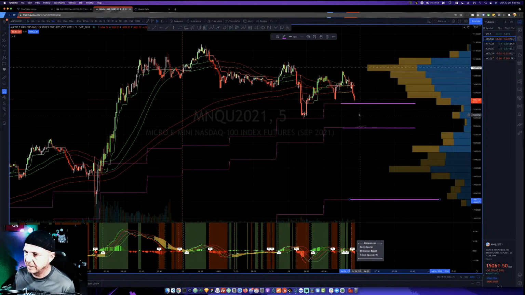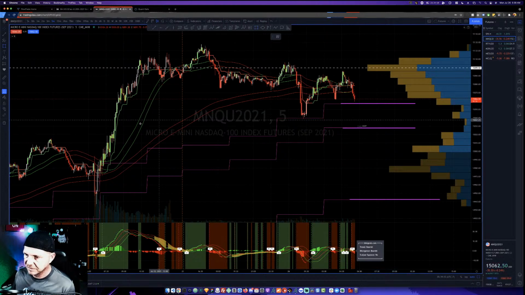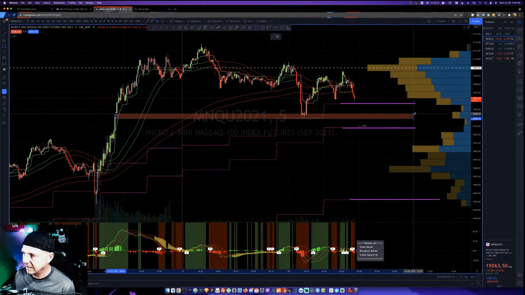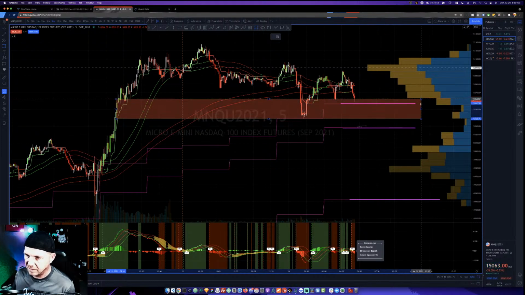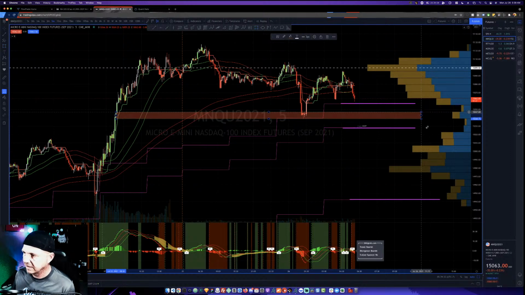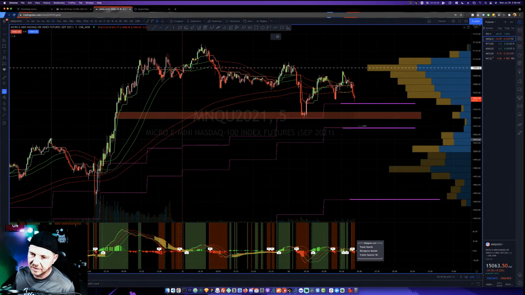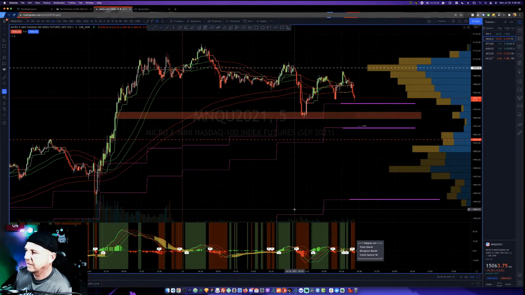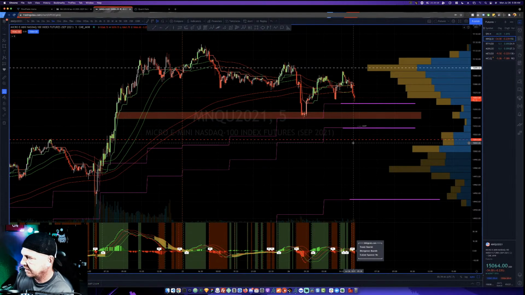If this breaks down, then we come back down and we test this little micro demand zone that was created overnight, which if we go back in time, is probably the only one, right? Break down below that, we've got one final little stop before we come back down and test some of these previous highs, right? Which would be this level there. If we break below 15,014, I feel like we're going to fade probably another 50 or 60 points on NQ.